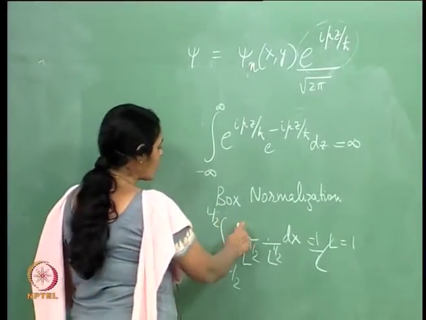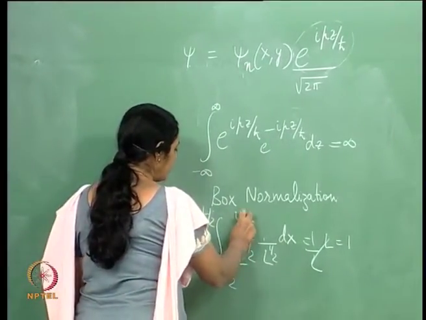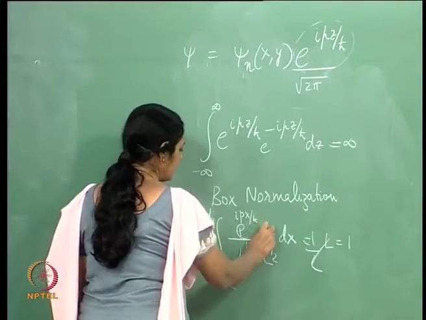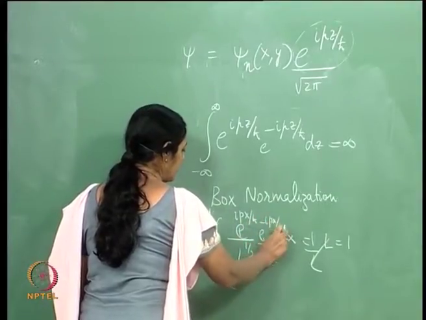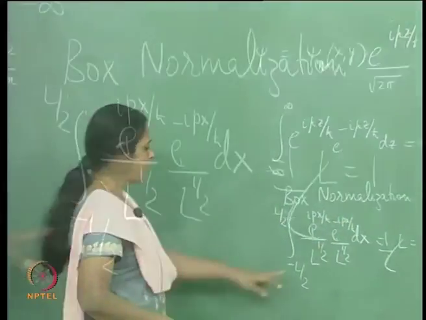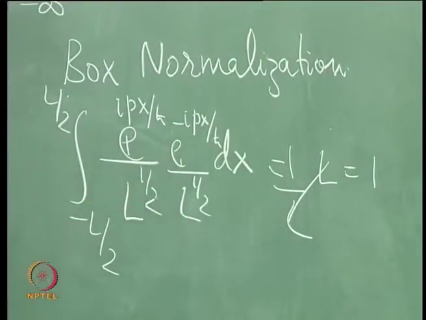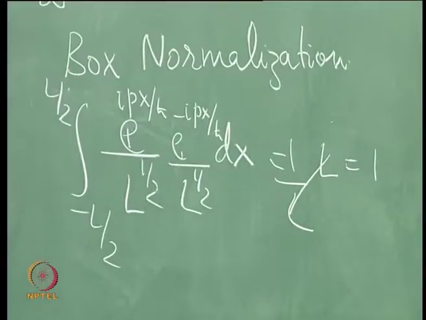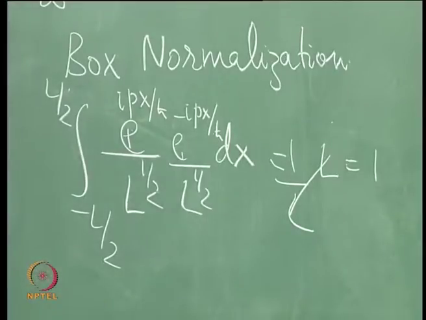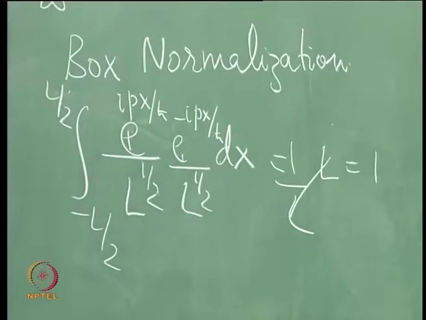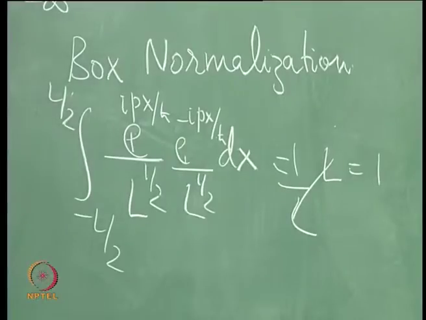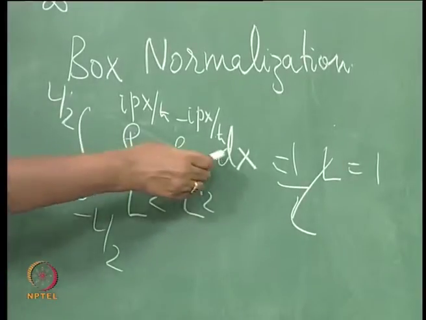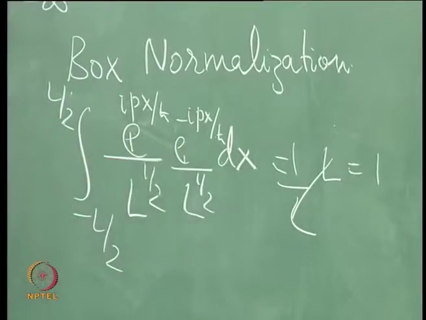So really it is common in the box normalization to start, for every dimension, by dividing by root L, and therefore in 3 dimensions the wave function is divided by L to the 3 by 2. So L to the minus 3 by 2 times the wave function is what you could use if you were doing an integration like this in 3 dimensions.